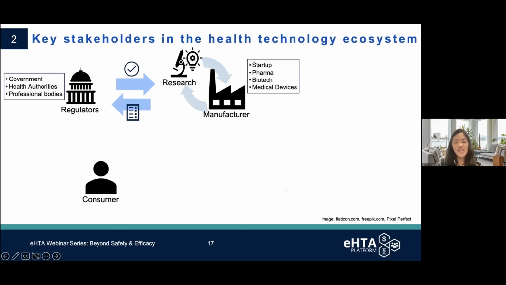But even after receiving approval, patients may not be able to receive your product. Why? For example, in the case of Glybera, it cost about $1 million to treat one patient. And as you can imagine, a lot of patients don't have that money lined up in their bank account.